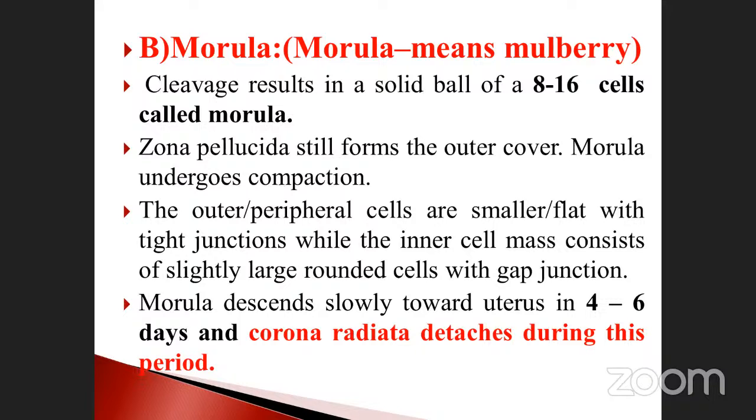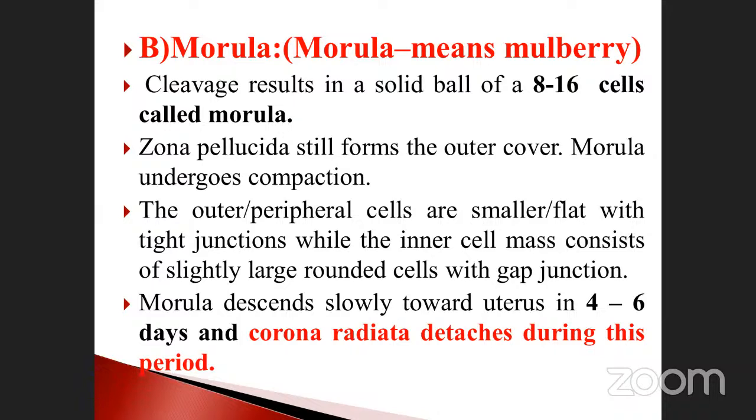The morula is covered by a layer, and that cover is called the zona pellucida. The morula undergoes compaction. The outer peripheral cells are smaller, flat, with tight junctions, while the inner cell mass consists of slightly larger rounded cells with gap junctions.